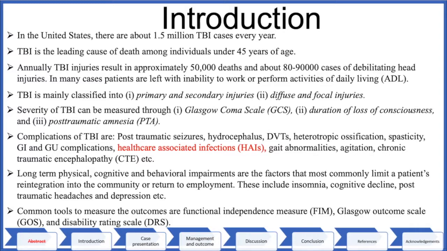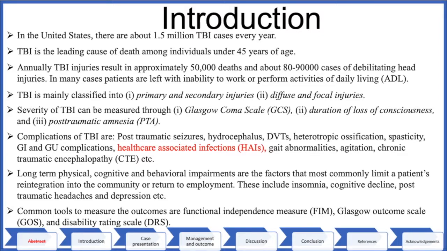About 50,000 deaths are caused by TBI, and about 80 to 90,000 survive with debilitating head injuries. In many cases, patients are left with inability to work, and they also cannot perform simple activities of daily living. It can be classified mainly into primary and secondary injuries, diffuse or focal injuries.